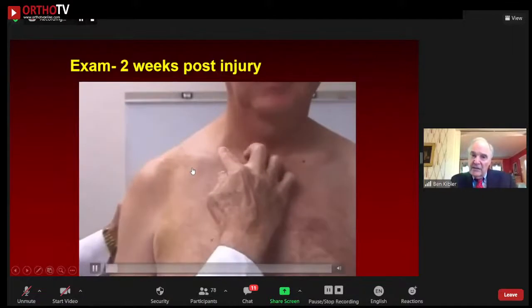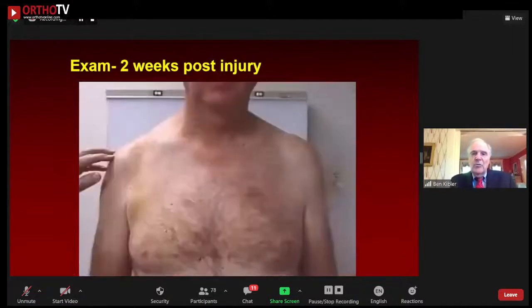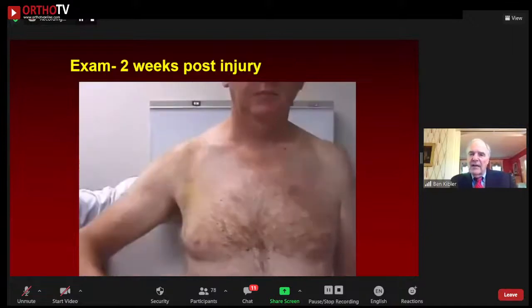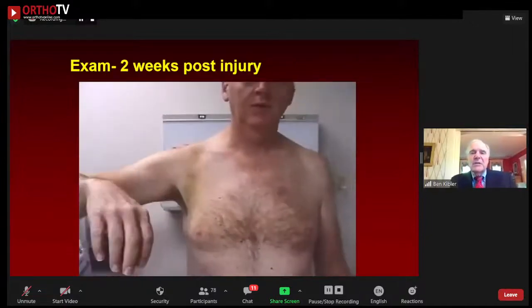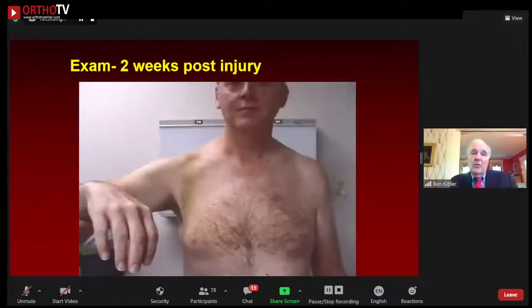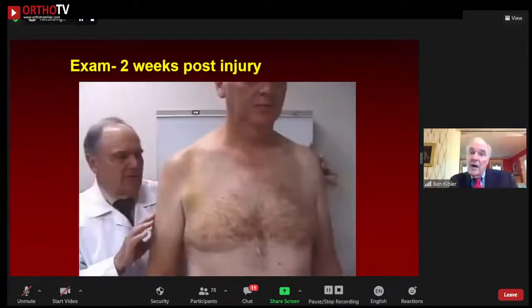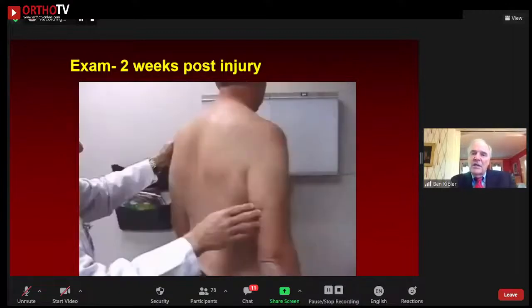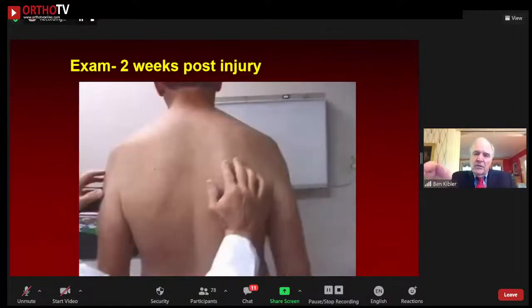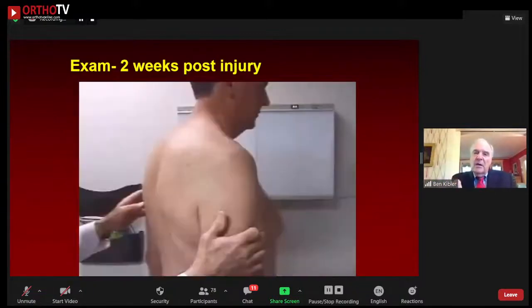He's got that callus, but look at the drooping of the right arm. That tells you that there's not a mechanical stability. He has impingement symptoms. That's as far as he can raise his arm. He has pain along the lateral acromion, not at the clavicle. Why? Because you can see the alteration of the scapular position, this anterior rotation, lateral tilt, because of this.